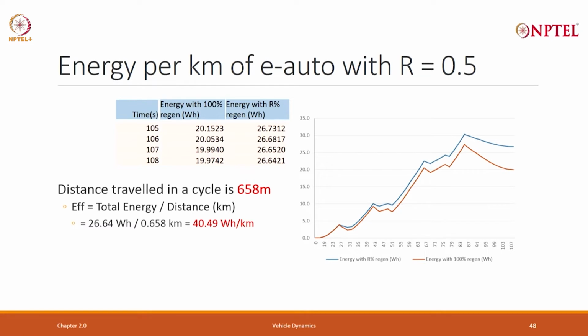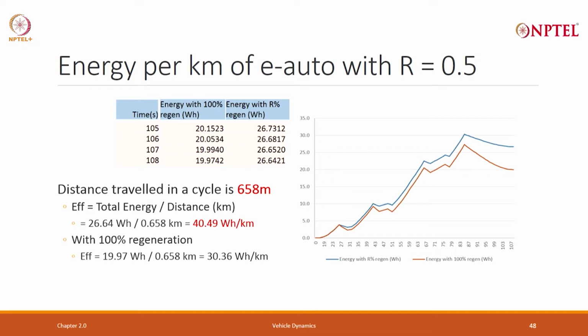So, you find that the total energy required, if I take regeneration of approximately 50%, which is by the way high, I had told you that 25 to 30% is what we will actually get, is about 26.64 watt hour, that is the total energy consumed. You have travelled 658 meters, we had just seen. So, you actually consume in an auto approximately 41 watt hour per kilometer, assuming 50% regeneration.